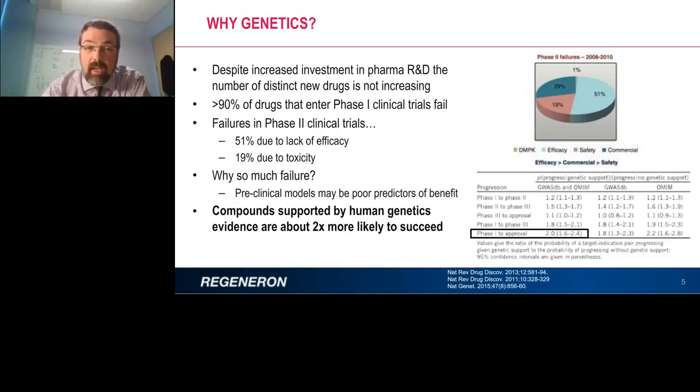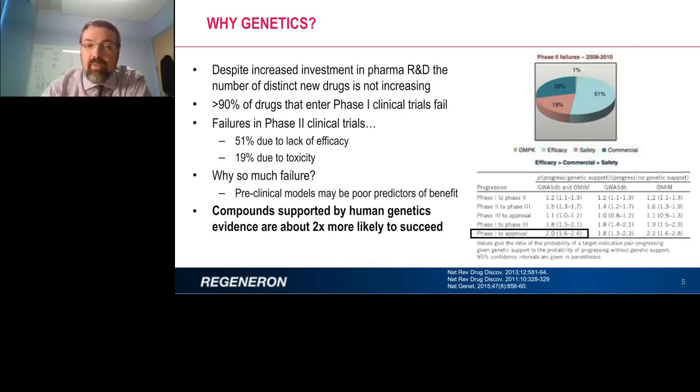And so by having genetic evidence, being able to really understand the impact of a therapeutic on a living person by having a genetic proxy, gives you a much higher chance of having a drug succeed, and in the end both create something that helps patients and creates value for the company.